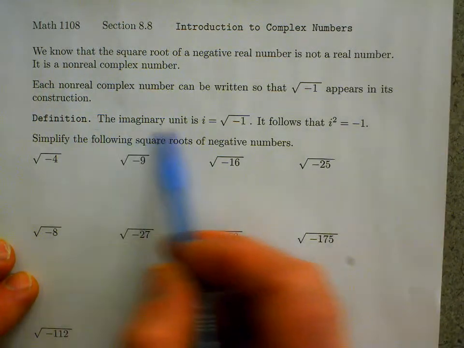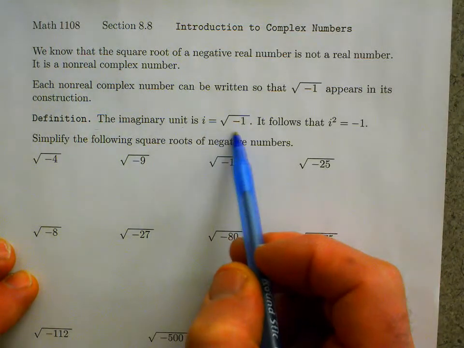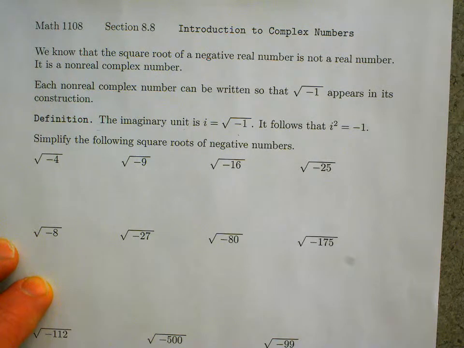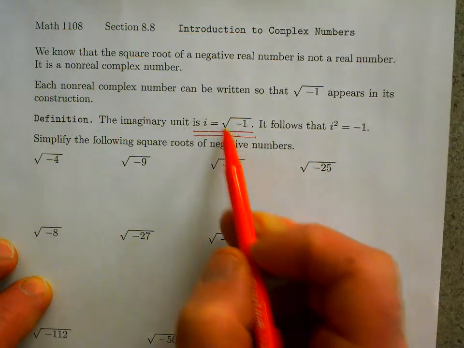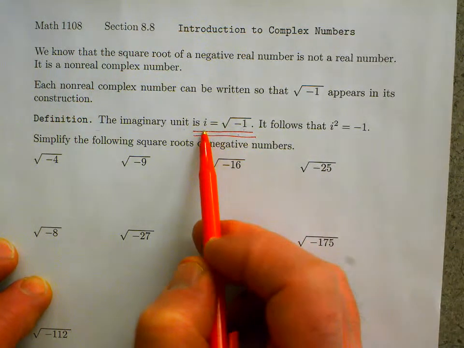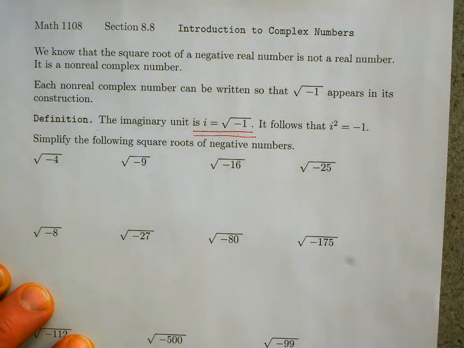The imaginary unit is i equals the square root of negative 1. It's just a definition. So instead of always writing the square root of negative 1, we can just use i in its place. It's probably just done for convenience, so you don't always have to write the square root of negative 1.